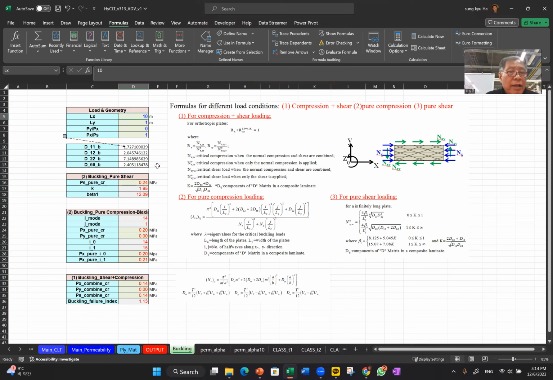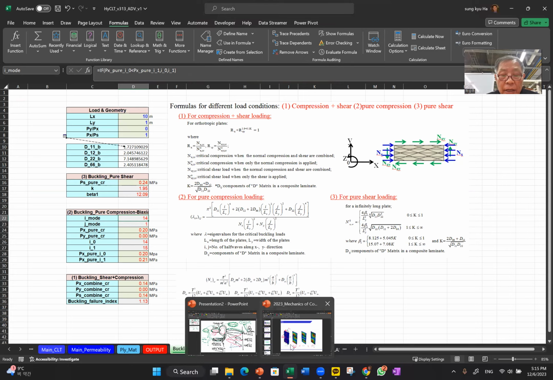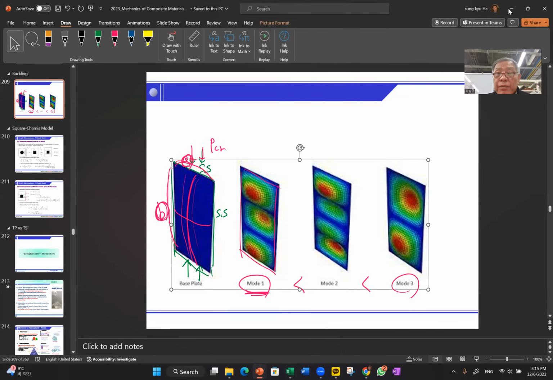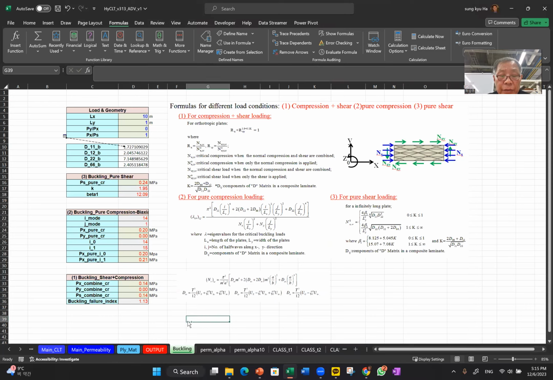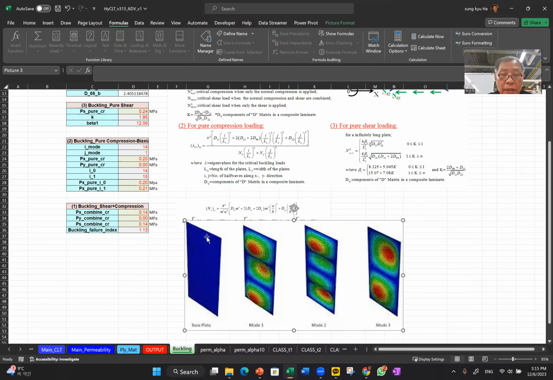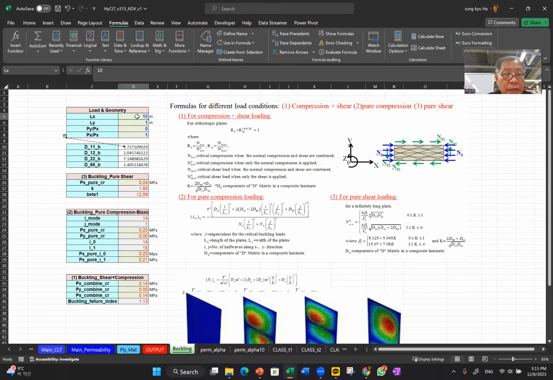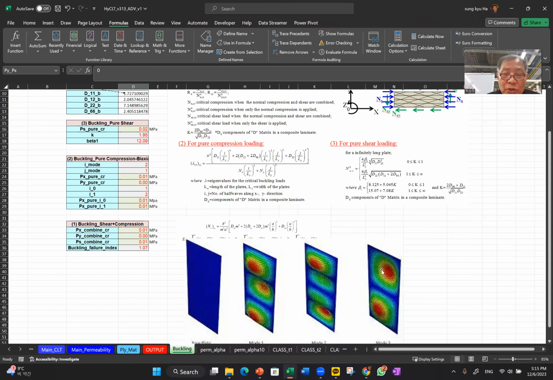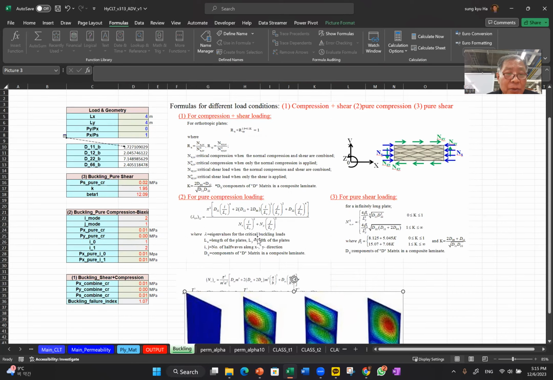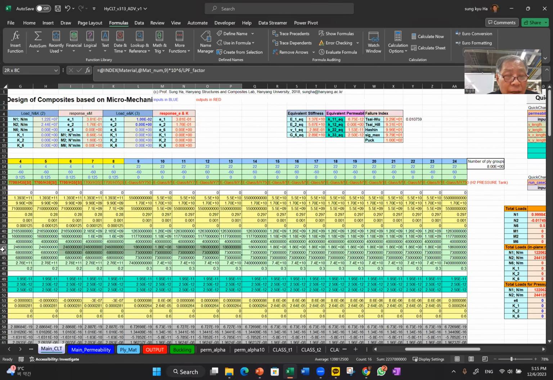Depending on this length ratio, the I mode is the mode shape I just mentioned, like this, will be determined. So let's say we have 4 meters and 4, then the mode will be a 2-to-1 ratio. Why 2-to-1? Why buckle like that? Well, again, it depends on the layup sequence.